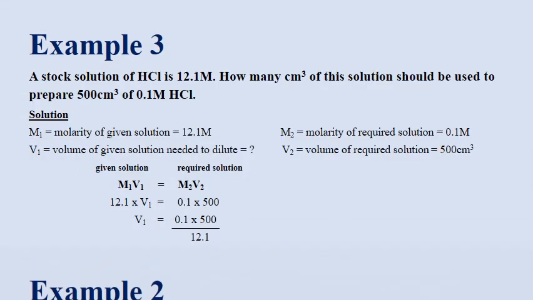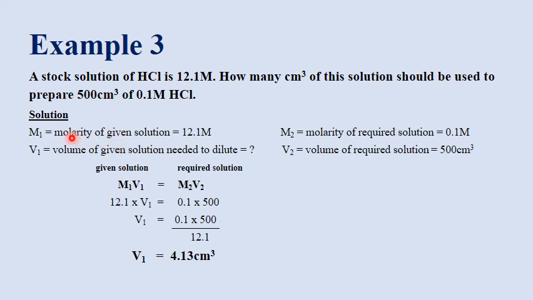The last example that we are going to do involves hydrochloric acid stock solution, which is 12.1 molar, and we need to find out how many centimeter cube or how much volume of this solution is required to make 0.1 molar hydrochloric acid solution, that is 500 centimeter cube in volume.